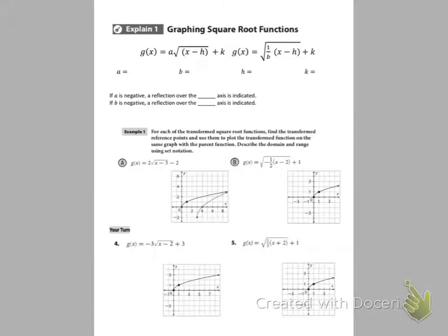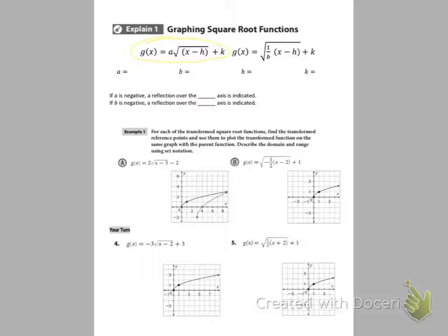So in general, there are two different formats for square root functions. And the first would be if you wanted to describe slides left or right and up or down, and then also a vertical stretch or compression with a reflection over the x-axis.